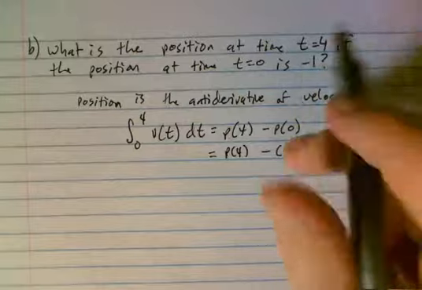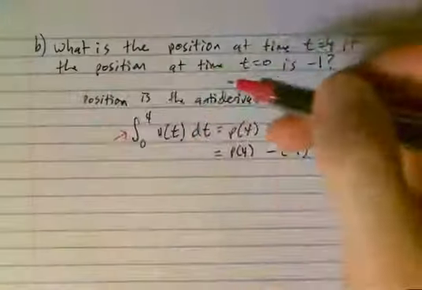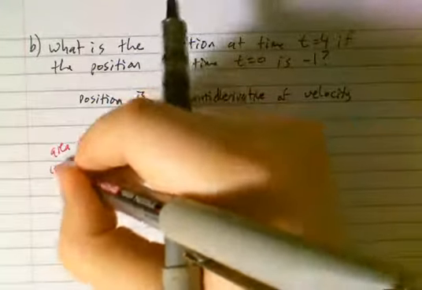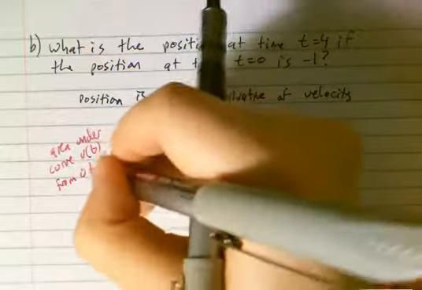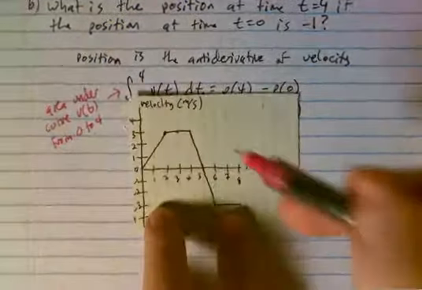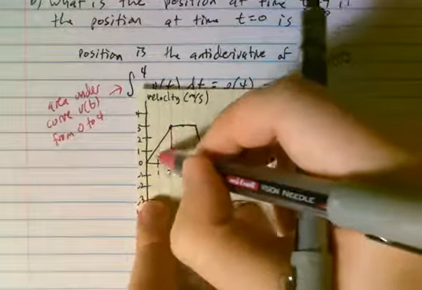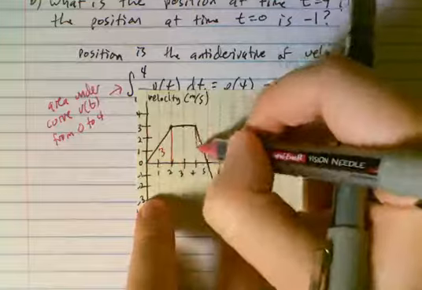And the key thing to remember here is that the integral of the velocity from 0 to 4 is the same as the area under the curve. From 0 to 4. So if I come over right here, I'm looking for this area from here to here. So this, that's 3 times 2 divided by 2, that's 3.